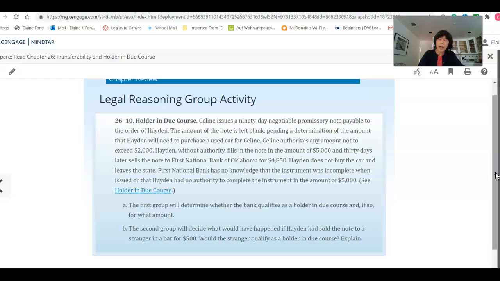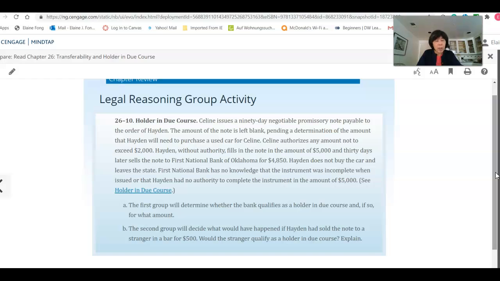And then how about the third requirement of no notice of a problem, or in the underlying transaction? Well, there is no actual notice of any kind of issue regarding the note itself. However, what do we see here? We see that Hayden is willing to part with the instrument, to transfer the instrument for 1/10 of its face value.